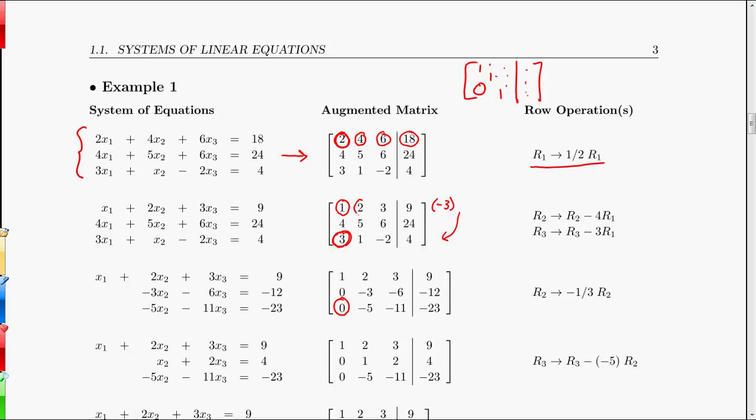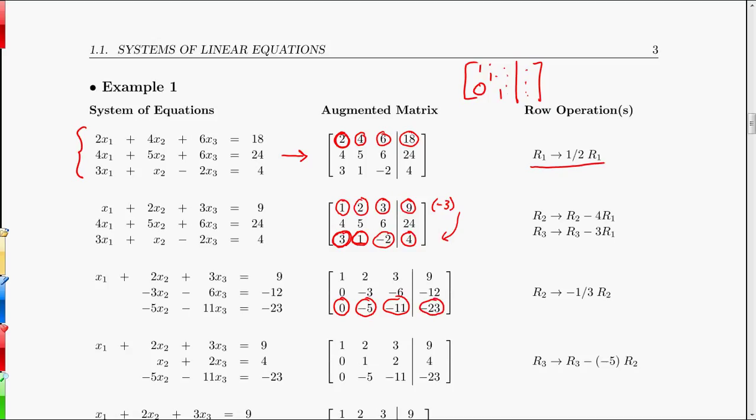I take 2, multiply it by -3, and I get -3. No, I don't. 2 times -3 is actually -6. Sorry about that. Plus this 1 gives me -5. 3 times -3 is -9, plus -2 gives me the -11. 3 times 9 is -27, plus 4 is -23.